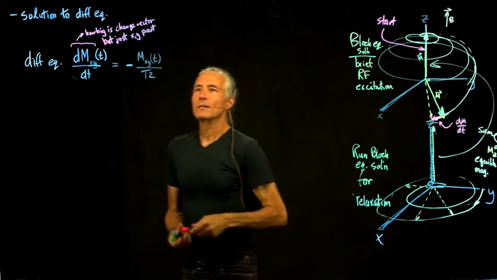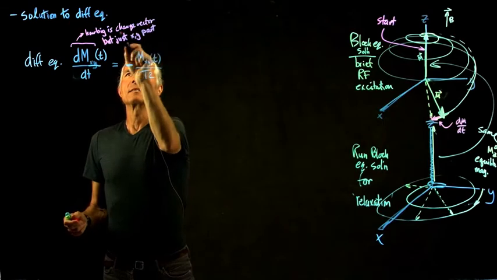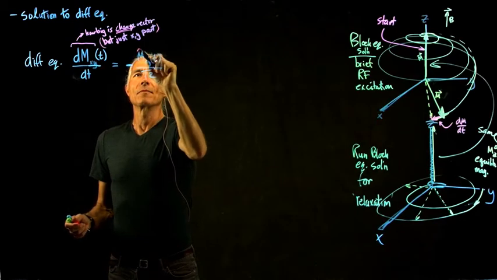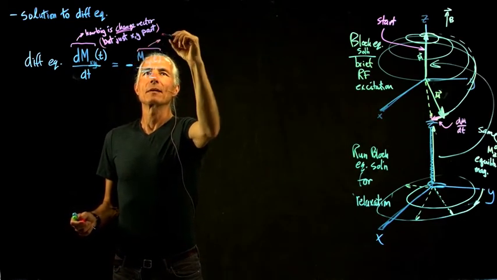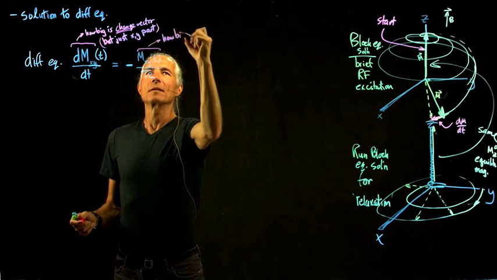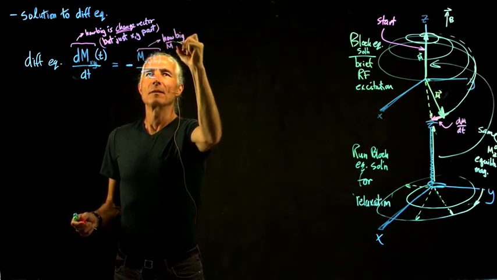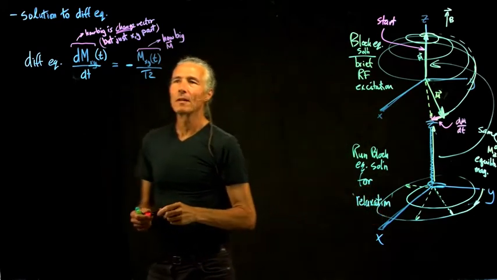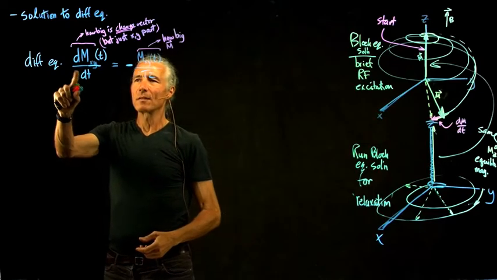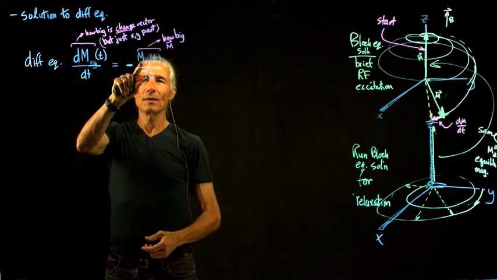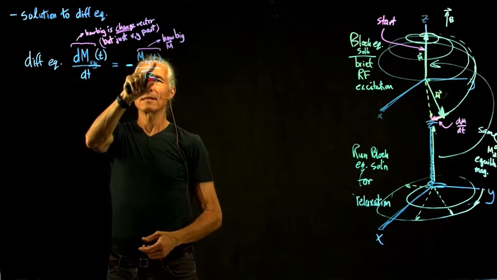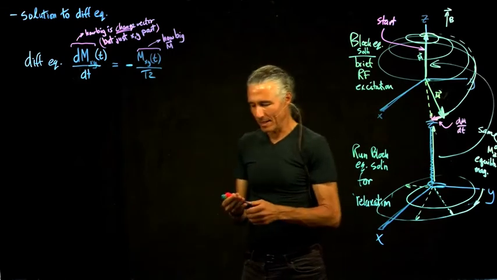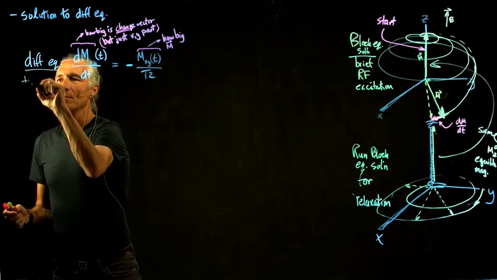So how big is the change vector, but just the xy part? This is how big is the m vector? Not the change, the actual m itself. So it's a very simple equation. It just says the change in the m vector is equal to whatever the m vector currently is at this time divided by T2. So that's the Bloch differential equation, the T2 term.